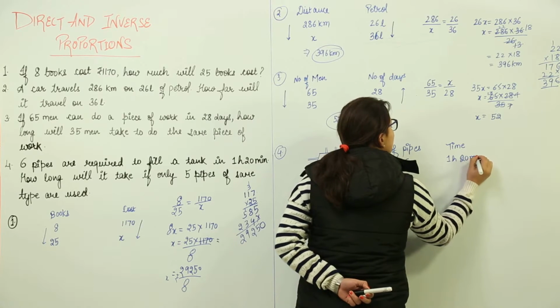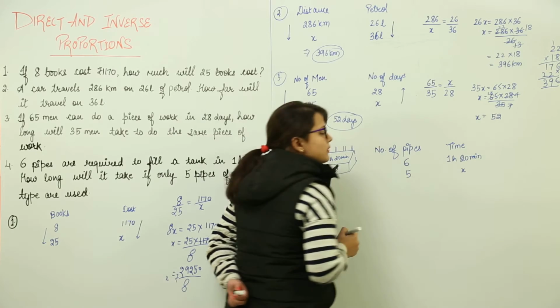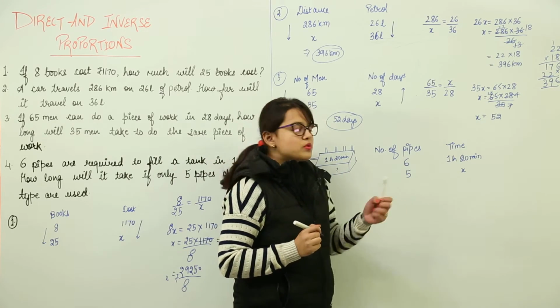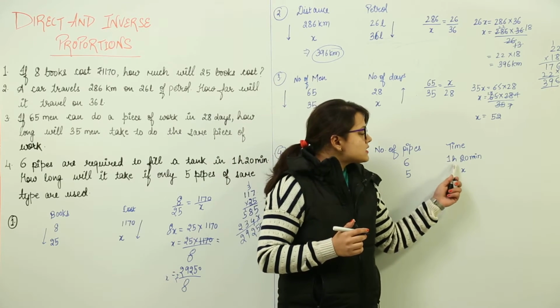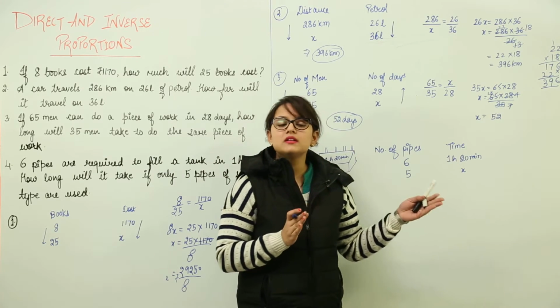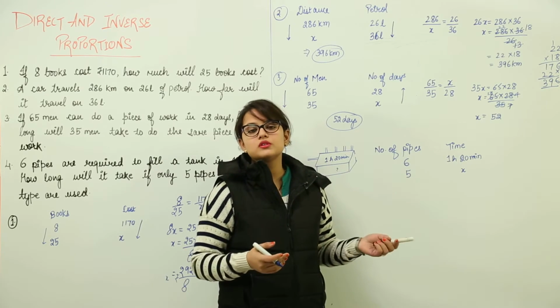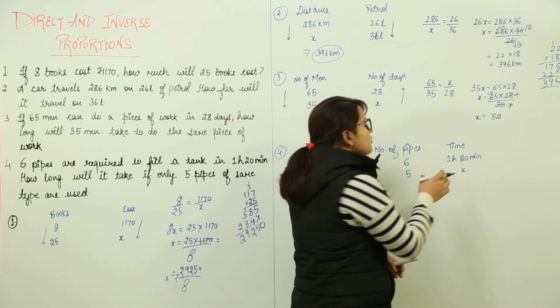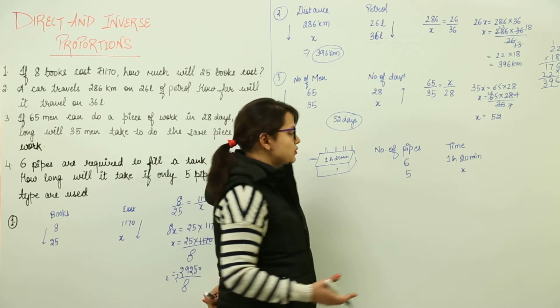Now, we have to find the time, that is x, if the number of pipes were 5. Before solving this question, I would suggest you convert this time into a single unit, either minutes or hours. I would prefer that you convert it into minutes because that becomes a bit simpler for you.